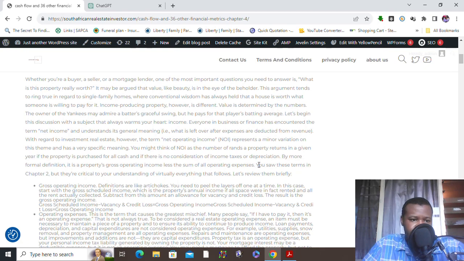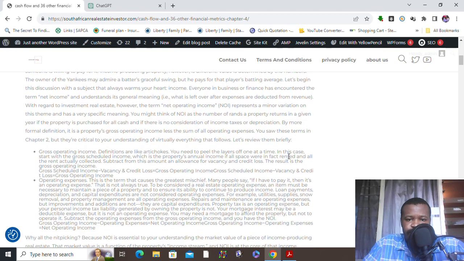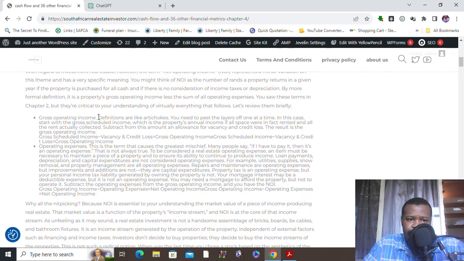You saw these terms in Chapter 2, but they're critical to understanding virtually everything that follows. Let's review them briefly. Gross operating income. The definitions are like artichokes. You need to peel off the layers one at a time. In this case, we start off with gross scheduled income, which is the property's annual income if all the space were in fact rented and all the rent actually collected.